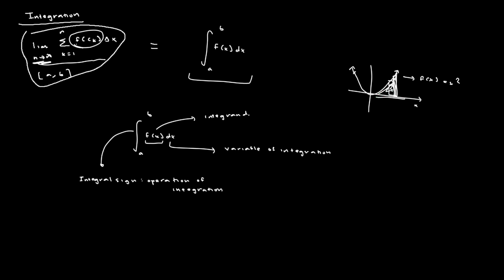And so it tells us under what axis we are finding the area. So if it's dx, the axis that we're anchoring under is x. So that's the variable of integration.